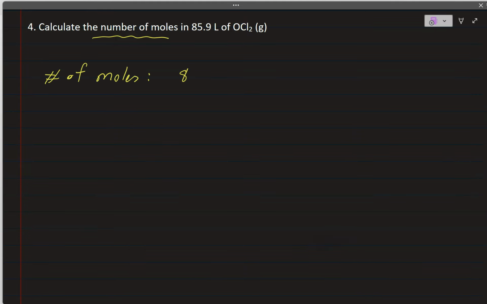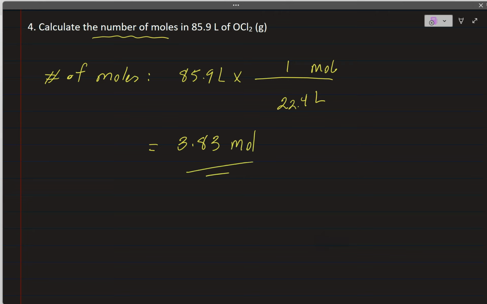So 85.9 liter times, liter goes on the bottom, mole goes on top, 22.4 liter, 1 mole. Simple as that. And now, 3.83 mole. That's what you will have for the dichlorine monoxide gas to have that 85.9 liters of it.